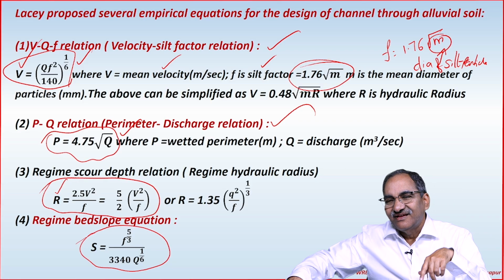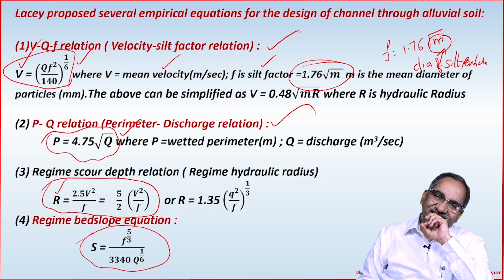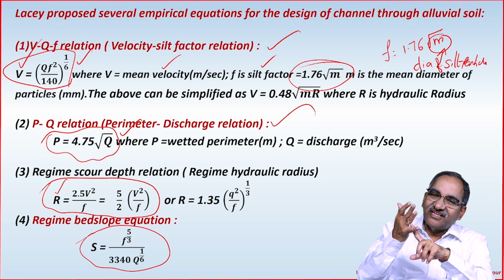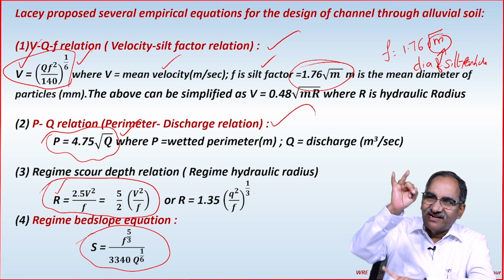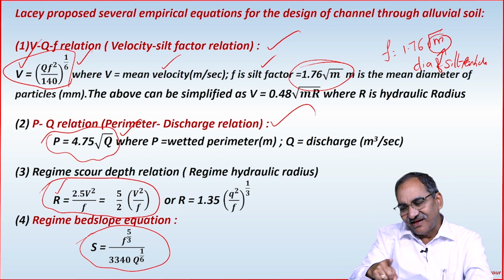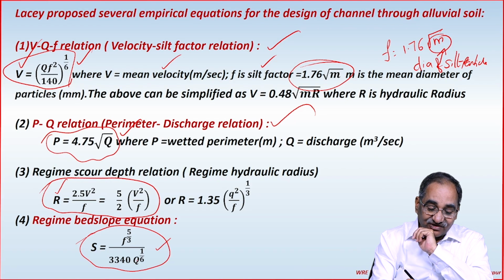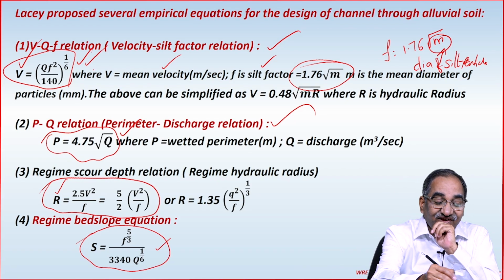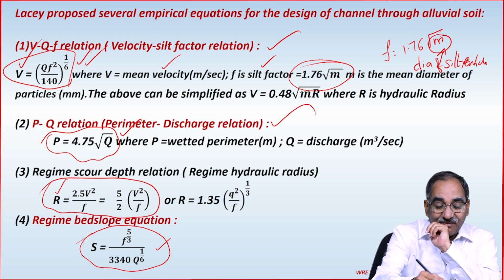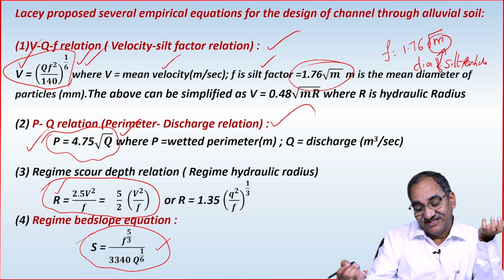So what are the things that need to be given to you if you want to design an irrigation channel by Lacey's theory? If discharge and silt factor are given, then the entire channel design you can make. You can see it in the slope equation, Q and F; in the velocity equation, Q and F; in the perimeter equation, only Q; and in the hydraulic radius equation, velocity and silt factor.